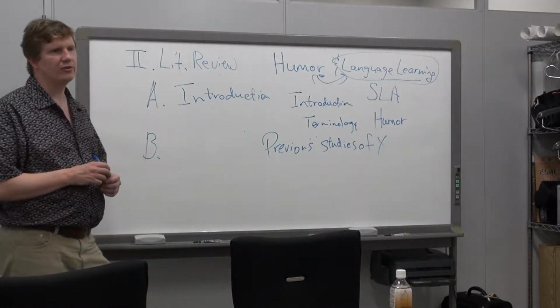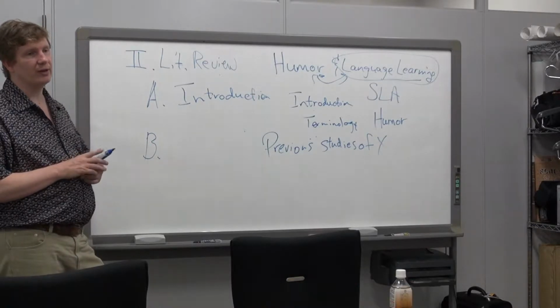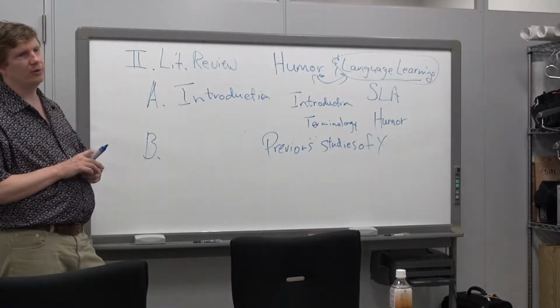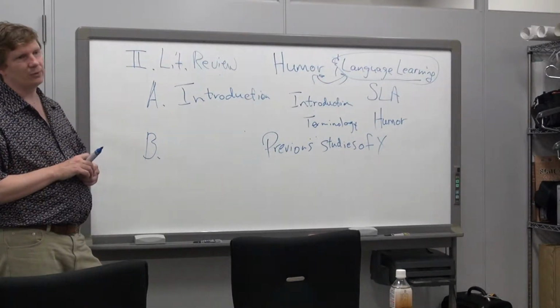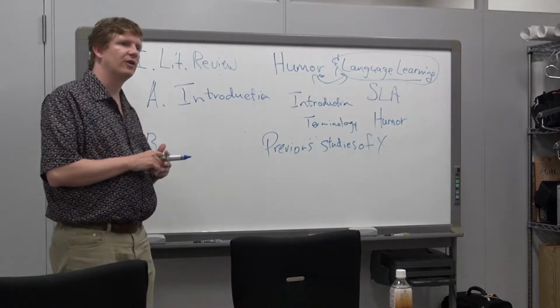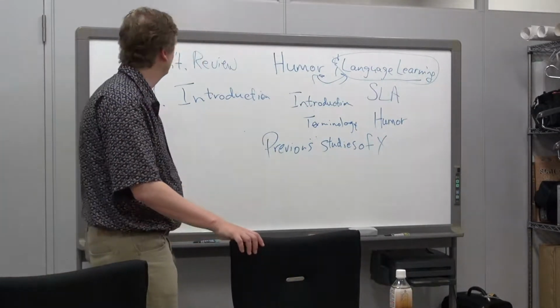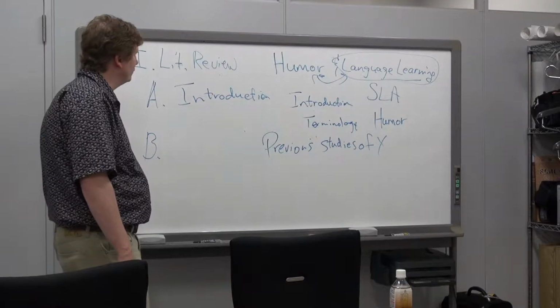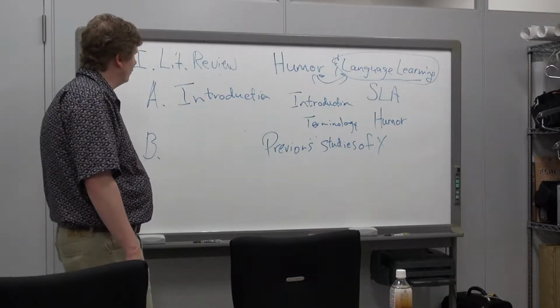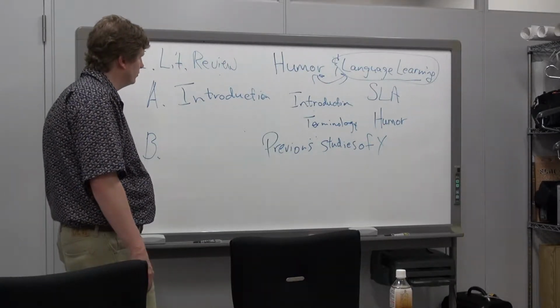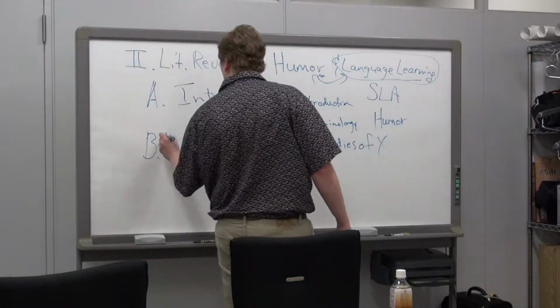Could be 15 pages, could be 20 pages, could be 30 pages, depending on how much information you have to deal with, how many sources you're citing, how many researchers, how many methods, how many things you're looking at. So, all right, this is a simple way of doing it.